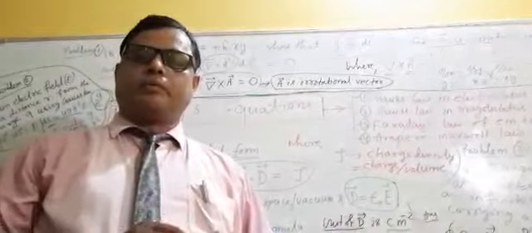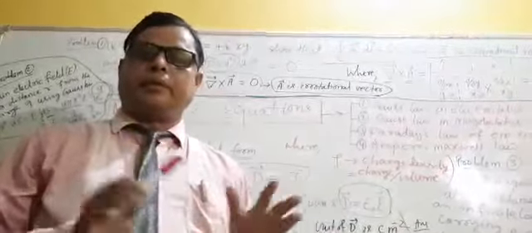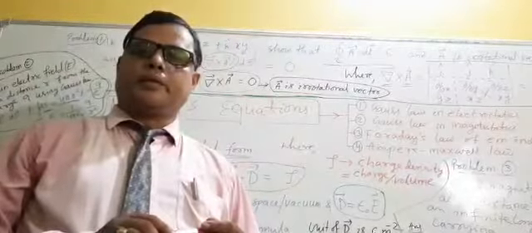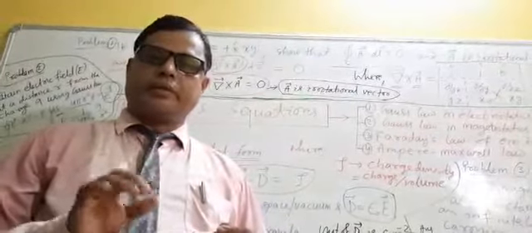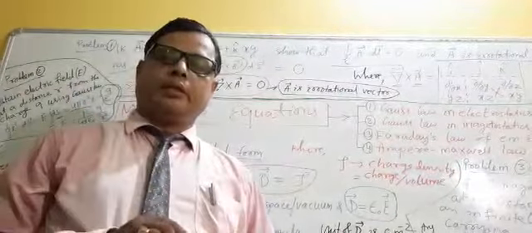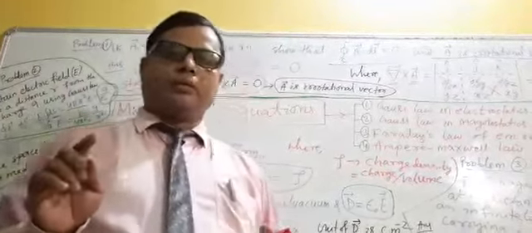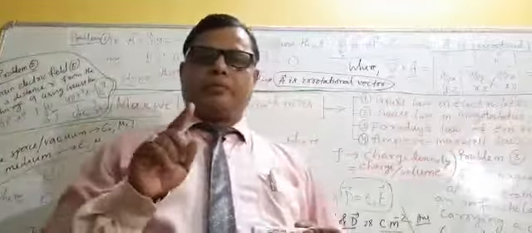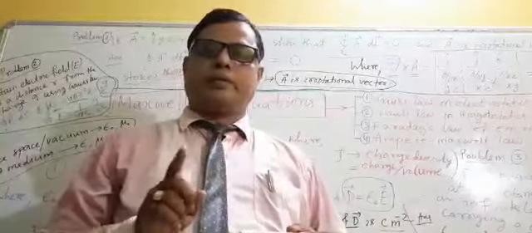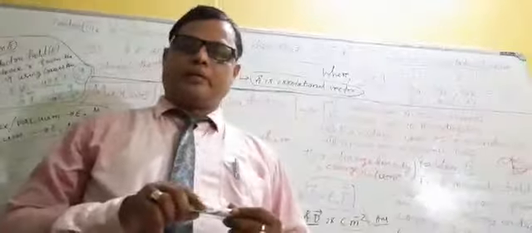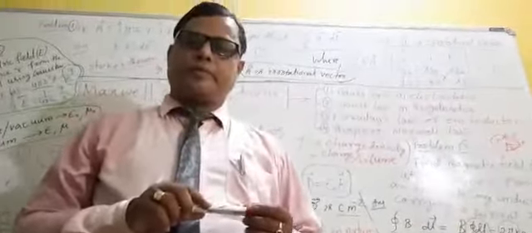And you also have to write the difference between displacement current and conduction current. Already we have discussed it in our class. You can check your note. Last month I gave the note of the difference between displacement and conduction current. That is also an important question for the semester examination.